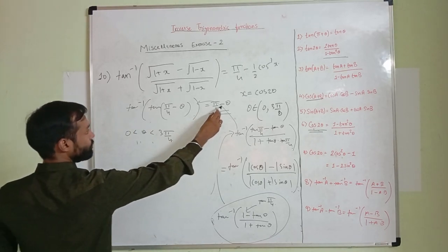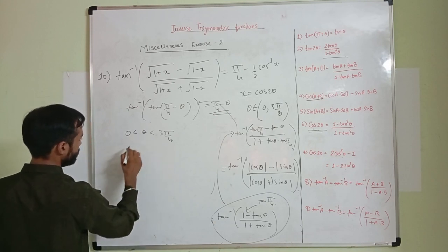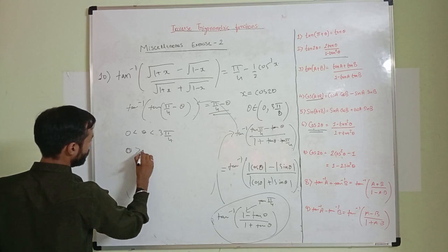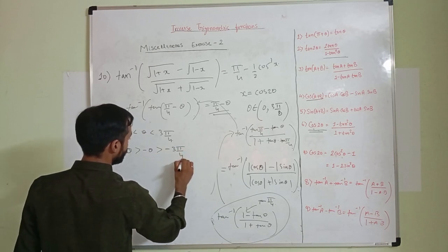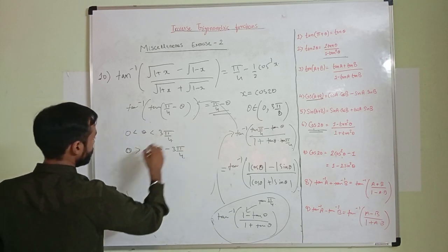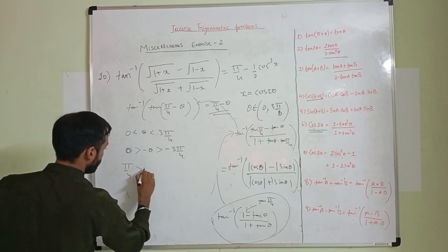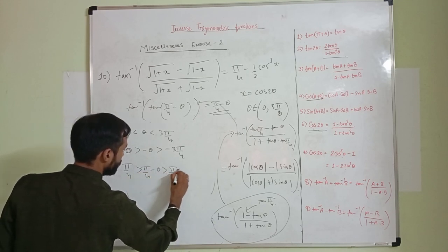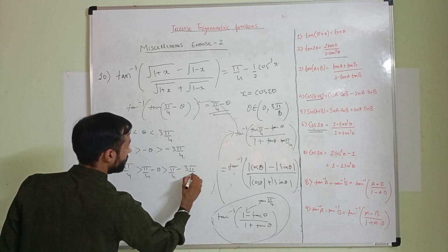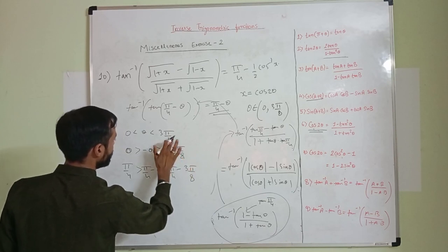Now pi by 4 minus theta is given, so multiplying the whole inequality by minus, the signs get reversed, so here it will be minus theta and minus 3 pi by 8. Now adding pi by 4, this will be pi by 4 greater than pi by 4 minus theta greater than pi by 4 minus 3 pi by 8.